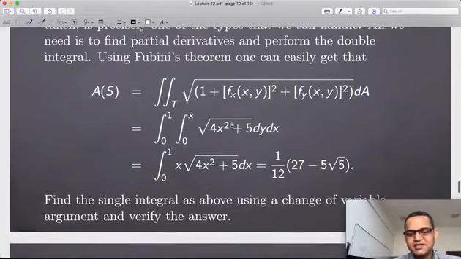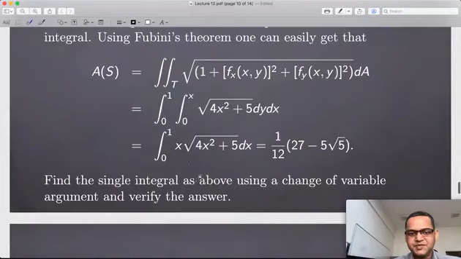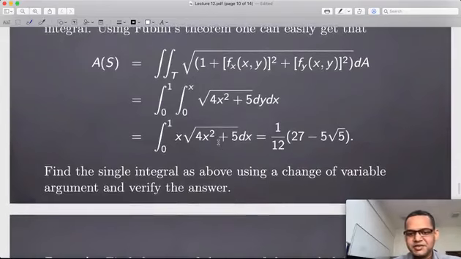Now you see, this is a constant function with respect to y, so you can integrate, and then when you put y equal to x, you are going to get this, and 0 is just going to be 0. And now you see, this is an integral of just one variable, so you have to know how to compute this. I did not do the computation because you should do it.